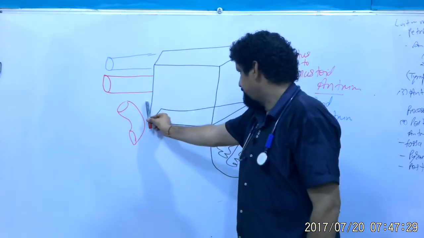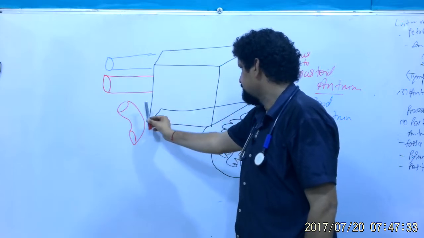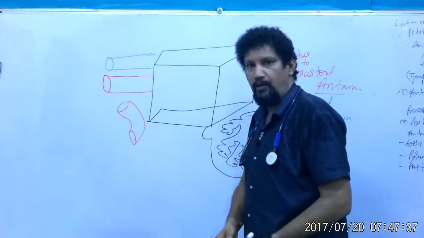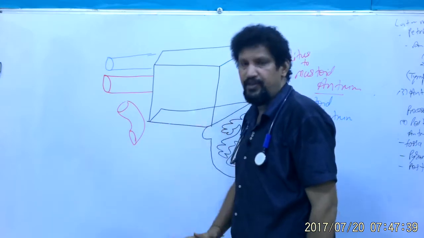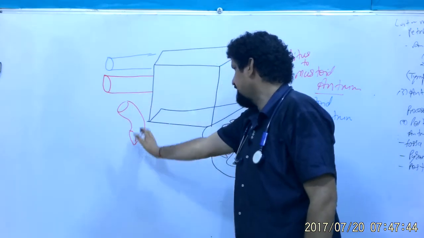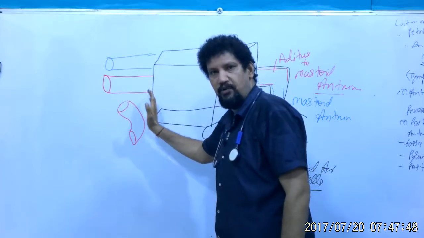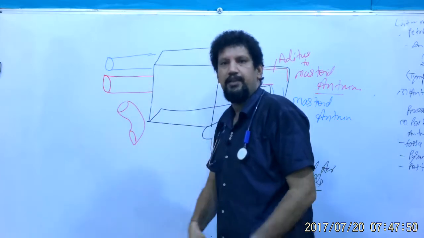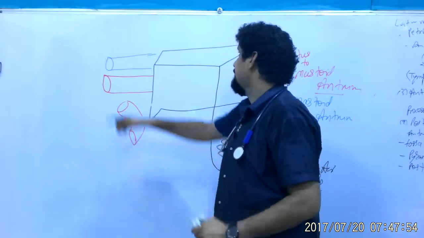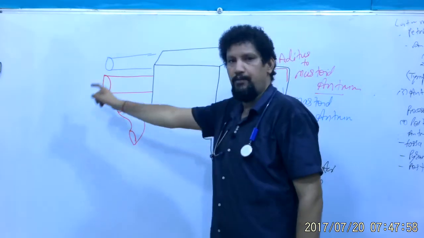This plate of the bone between the anterior wall and the internal carotid artery is forming the posterior wall of the carotid canal. So this is the carotid canal and it is partitioned by a thin plate which is forming the posterior wall of the carotid canal. After a short break, I will talk in detail about this.